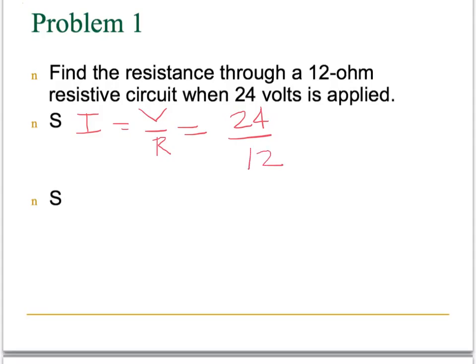Notice that we don't have to do anything to convert the units because the given units are already the proper SI units for the voltage and the resistance. So therefore, by simply dividing 24 by 12, this gives us 2 amps. This is our answer. Therefore, the current is 2 amperes.